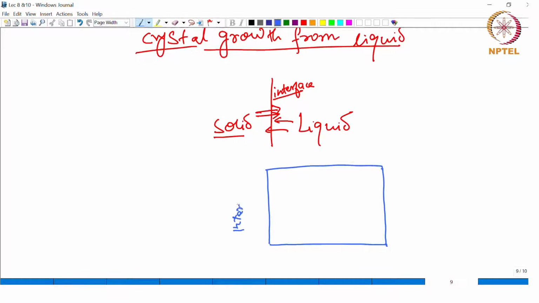Let us say this y axis is internal energy, and this is where our interface is, to the right of which is liquid and at left you have solid.